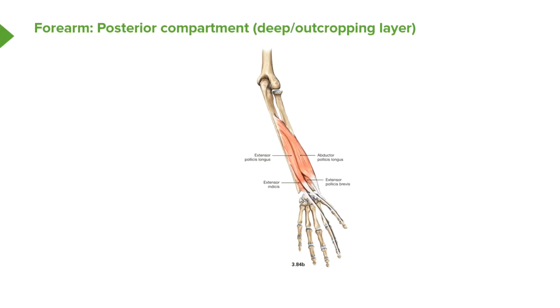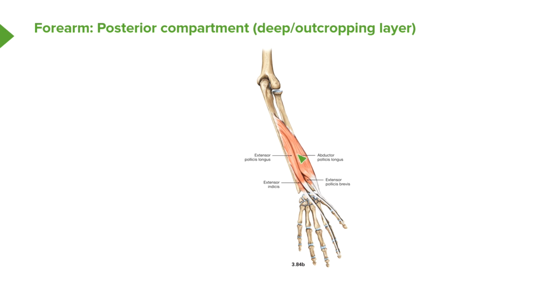If we now move on to some deep muscles on the posterior compartment, also known as the outcropping muscles, we can see we have a whole series of them. Abductor pollicis longus, extensor pollicis longus, extensor pollicis brevis, and extensor indicis. Now these muscles are passing specifically to the thumb, the pollicis muscles, and to the index finger, extensor indicis.